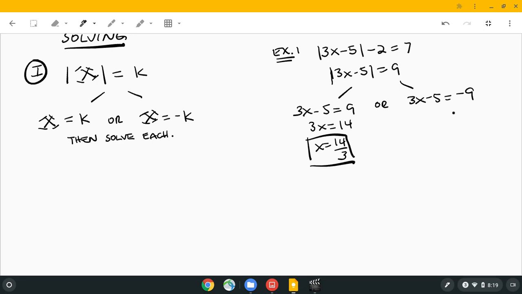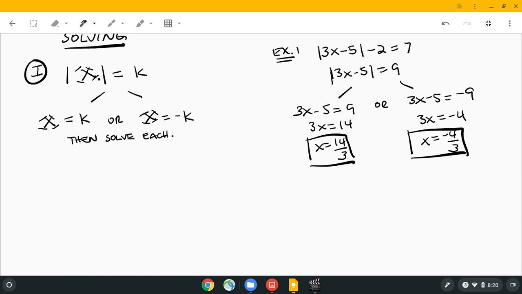And then I do the same thing over here, solve for x. So add 5 to both sides, and I get 3x equals negative 9 plus 5, which is negative 4. Okay, and divide both sides by 3. So I get negative 4 over 3.